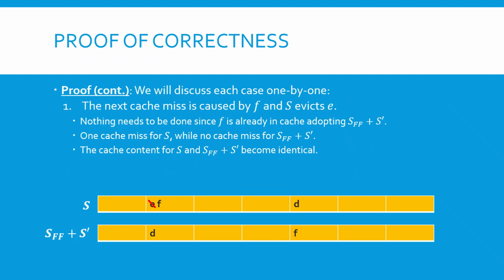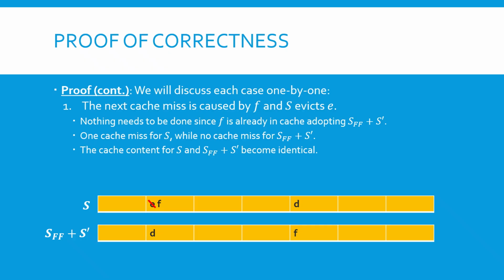Consider the first case, where the missed data is F and S evicts E. Since F is already in the cache content under SFF, S prime does nothing at this step.